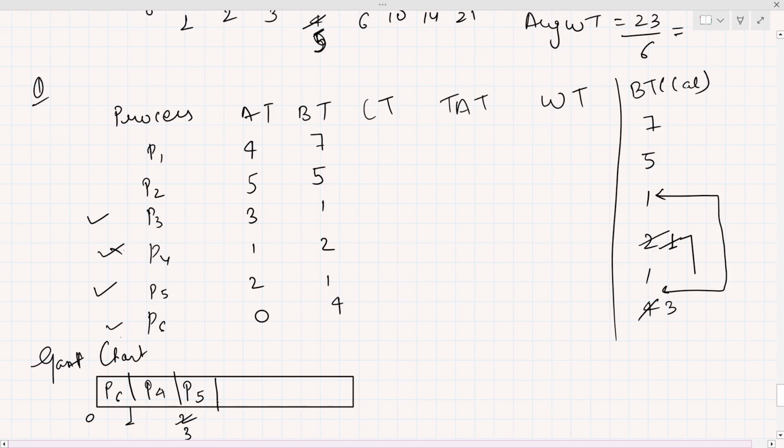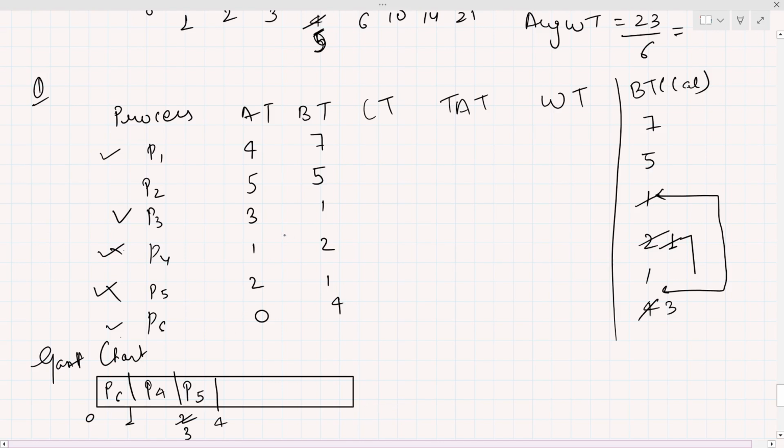How much time will P5 execute? Only once, because at 4 we have one more process available, P1. So it runs only once and its burst time is also 1, so P5 is completed. At 4 we now have P1 also available. So P1, P3 and P6, these three processes are available to get the CPU.